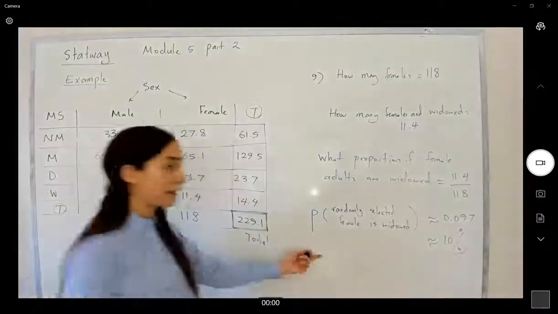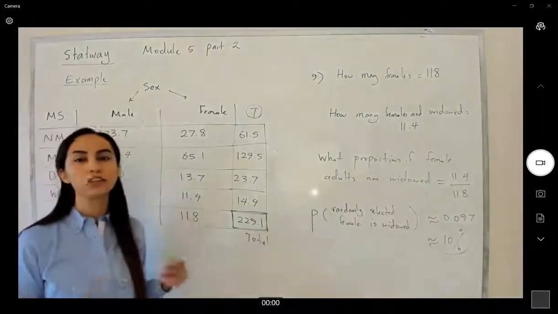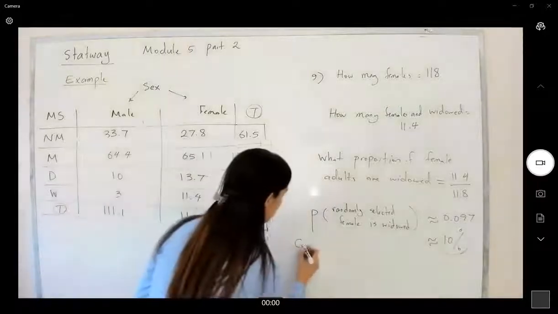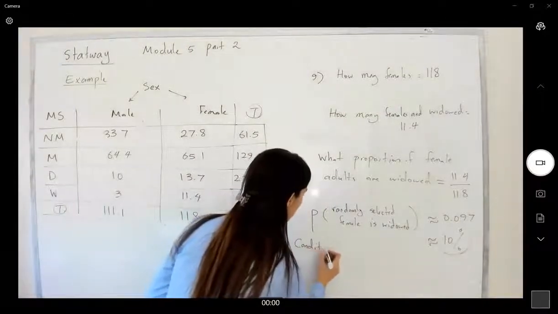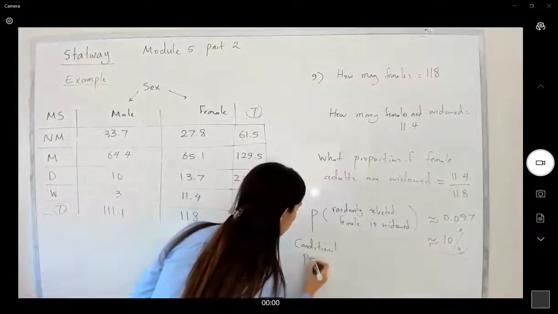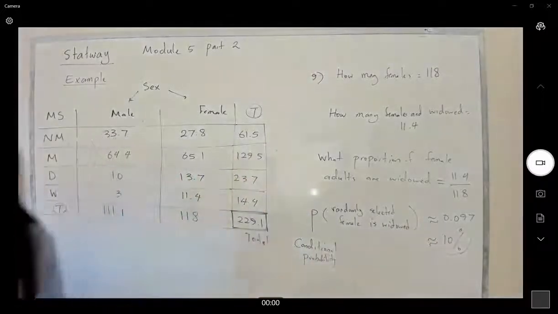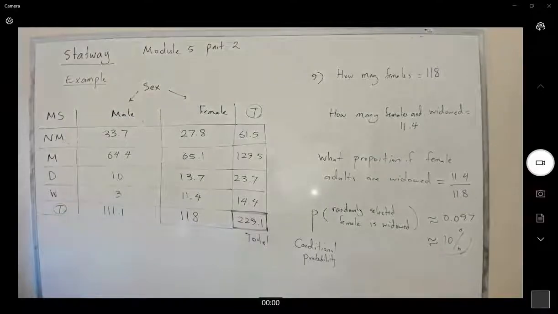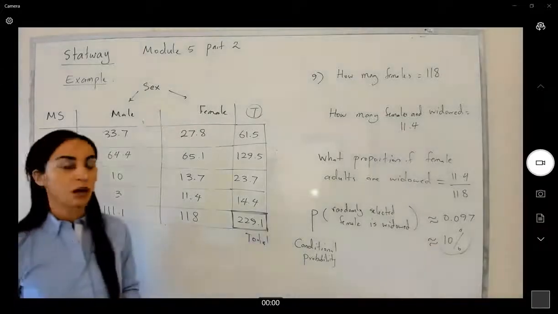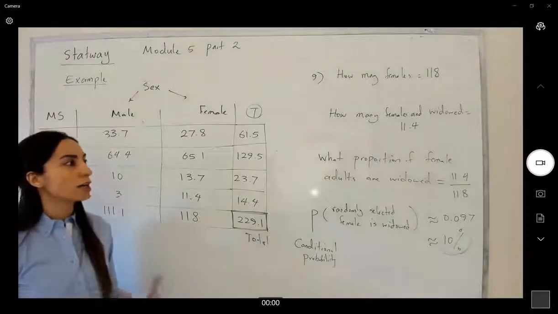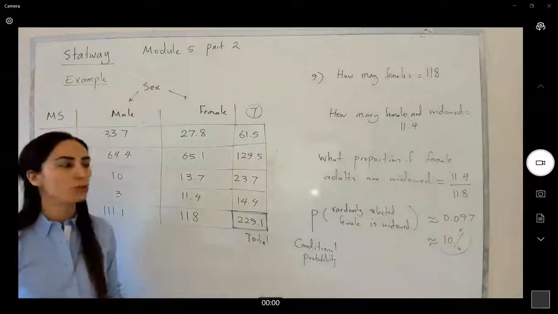This is an example of conditional probability. We denote it this way. We say, the probability of widowed given female, widowed given male, or female given widowed, and so on.